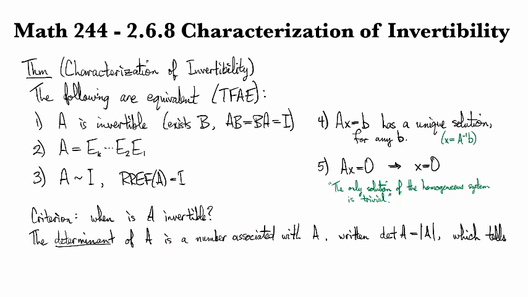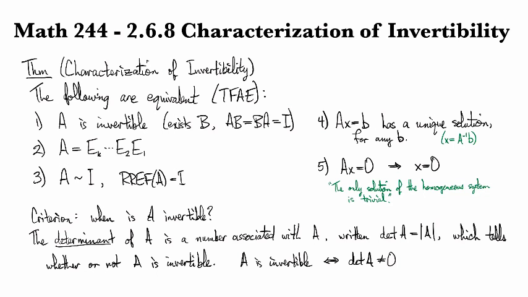And the determinant tells whether or not A is invertible. It actually tells a lot more than that. Specifically, A is invertible if and only if the determinant of A is not equal to 0. This criterion is one of the most important things about the determinant.